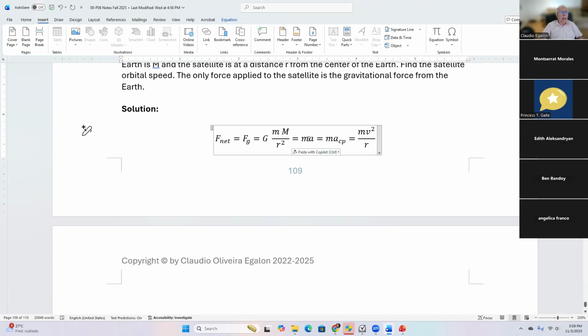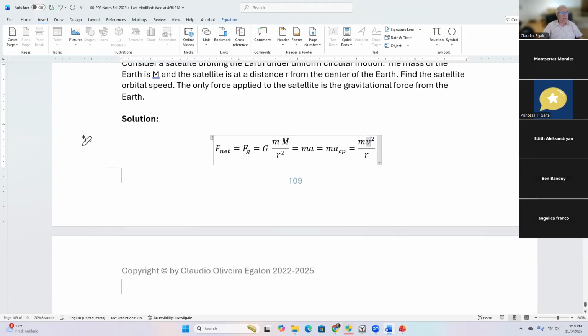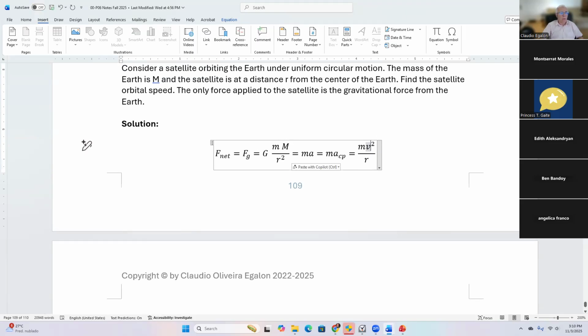But keep in mind that since it is uniform circular motion, the acceleration that we have must be the centripetal acceleration, which is written in terms of the orbital velocity squared divided by the radius. Okay, and that's the velocity, the orbital speed, that we want to find out.